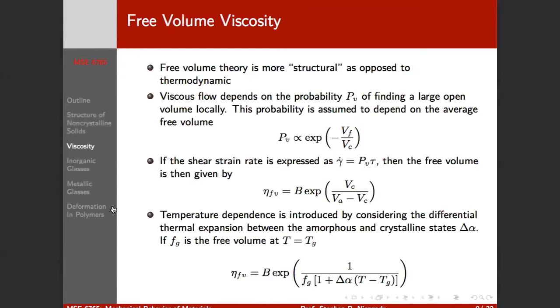This free volume here is sometimes called the Cohen-Turnbull free volume, temperature-dependent free volume. But again, the general idea is that the probability of finding a space for our atom to jump into is going to be a function of the free volume. And our viscosity then is going to be a function of the free volume.